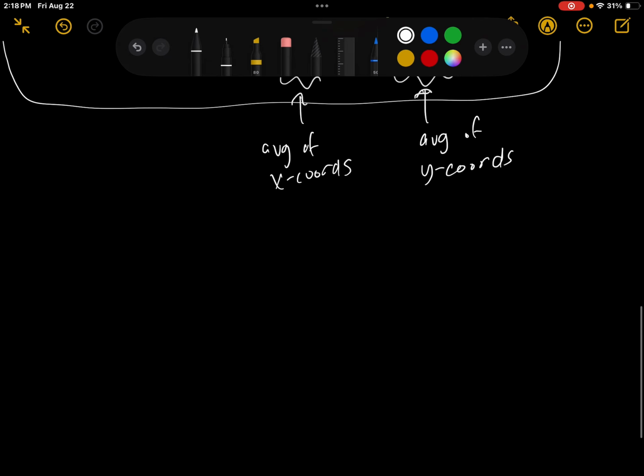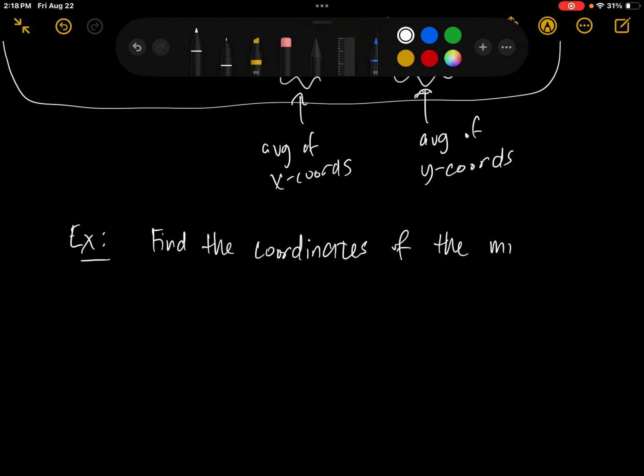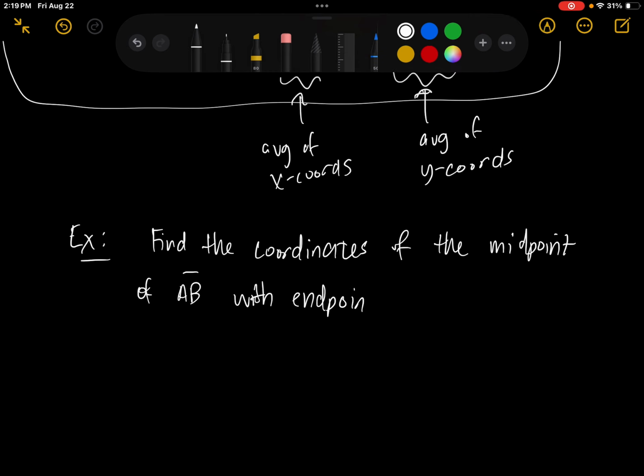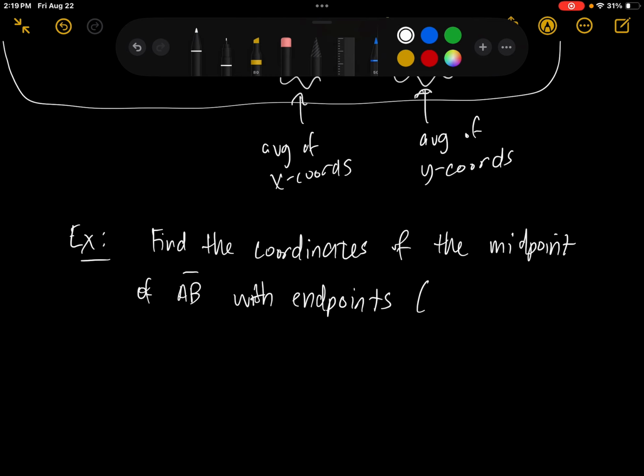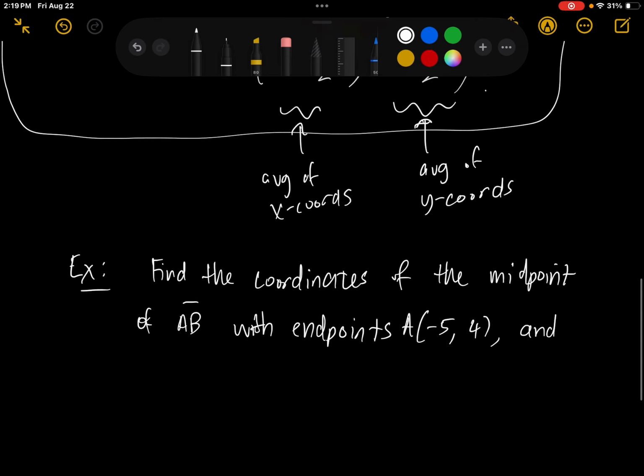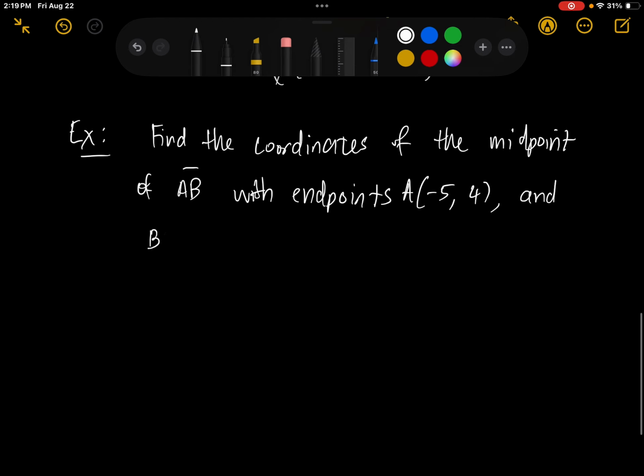Okay, so example. Find the coordinates of the midpoint of AB with endpoints A, which is (negative 5, 4), and B, which is (1, negative 2).